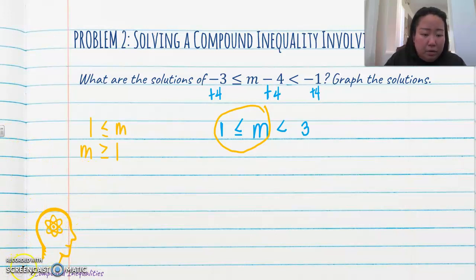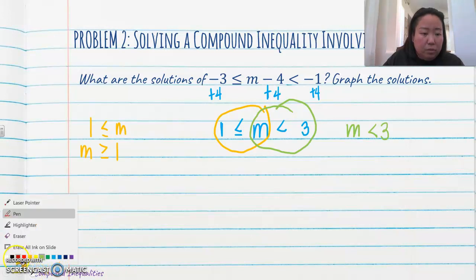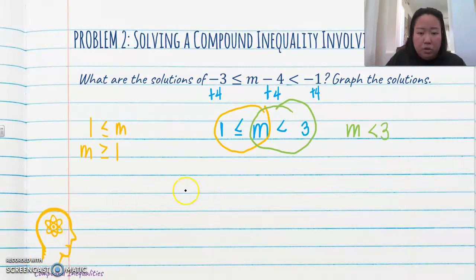The other part, the second inequality, is going to be this one over here. That is very easy to see because it is simply m is less than 3. So if you are going to graph it now, you will have positive 1 and then positive 3.